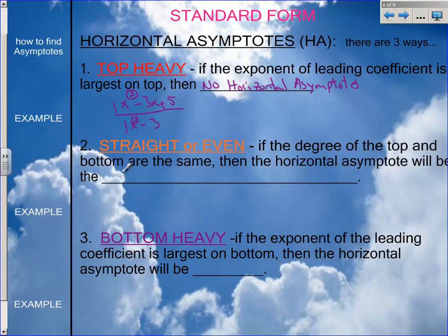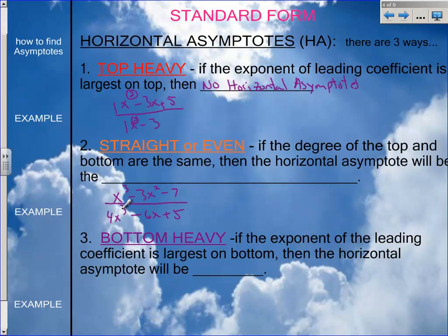Okay, now what if they're straight up? What if the degree of the top and the bottom are the same? For example, what if I had x cubed minus 3x squared minus 7 over 4x cubed minus 6x plus 5?